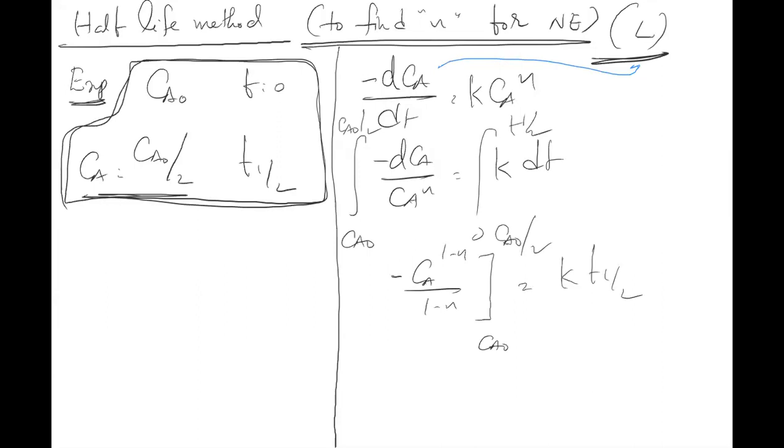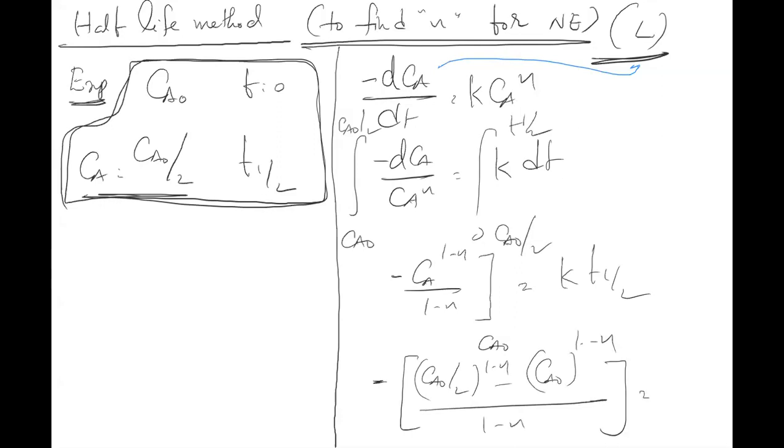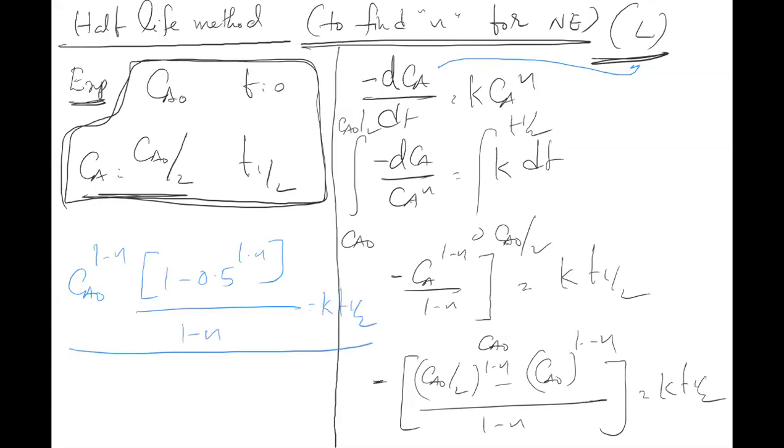If you rearrange the terms, minus Ca naught by 2 whole power 1 minus n minus Ca naught whole power 1 minus n, divided by 1 minus n, is equal to K into t half. So if you rearrange the terms, the expression you will get is Ca naught to the power 1 minus n, into 1 minus 0.5 whole power 1 minus n, divided by 1 minus n, equal to K into t half is the equation.